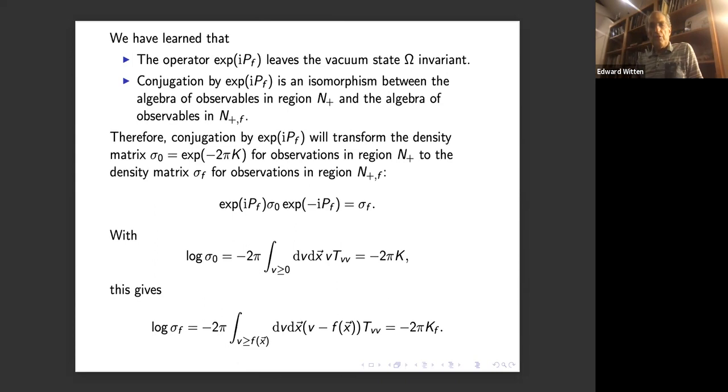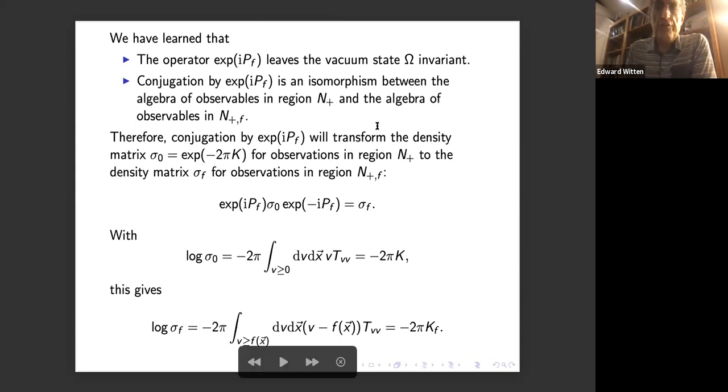So we've learned two things. The operator e to the ipf leaves the vacuum state invariant, and conjugating by it is an isomorphism between the algebra of observables in region n plus and the similar algebra in region n plus f. So conjugation by e to the ipf will transform the density matrix sigma naught equals e to the minus 2 pi k for observations in region n plus to the density matrix sigma f for observations in the wiggly region.